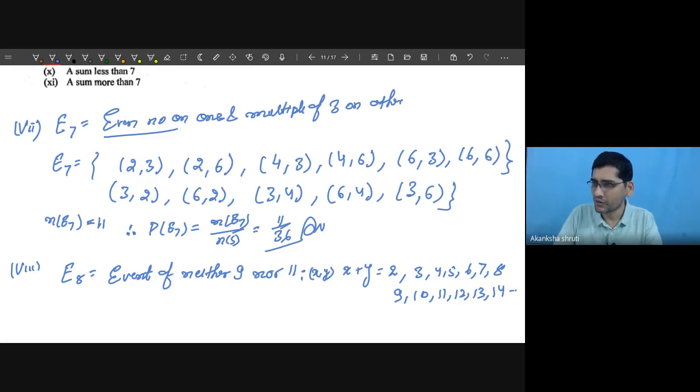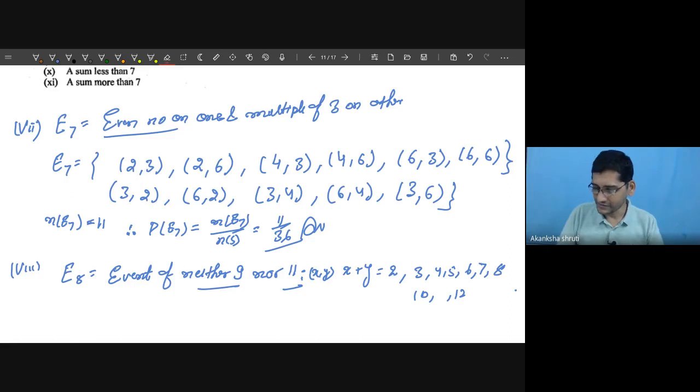But we should be careful. Neither 9, so 9 has to be removed. 11 also has to be removed. The maximum x and y can be is 6 and 6, so up to 12 it can go. 13, 14 are not possible. Therefore these outcomes need to be restricted. Get it?